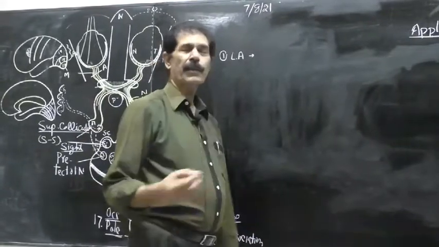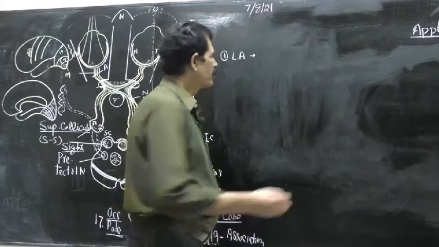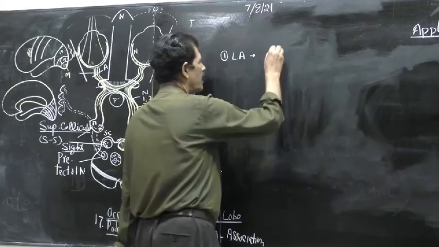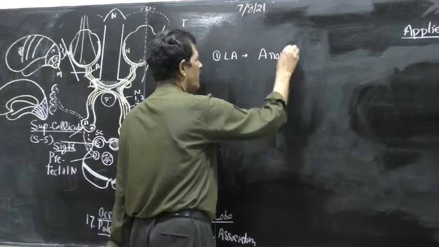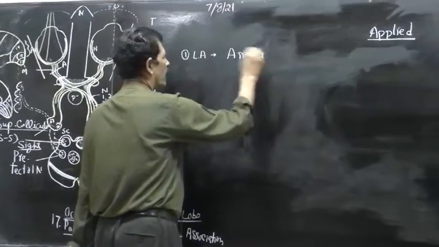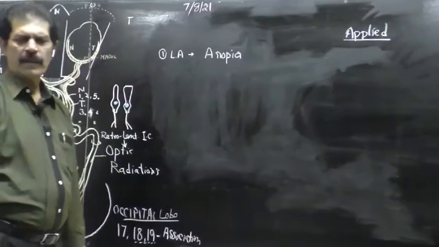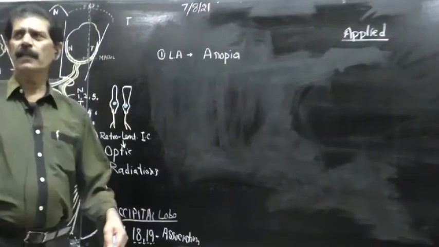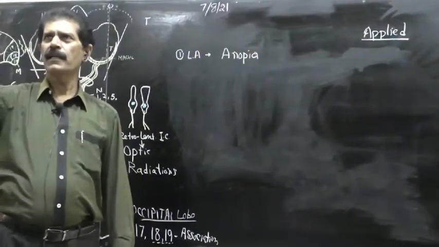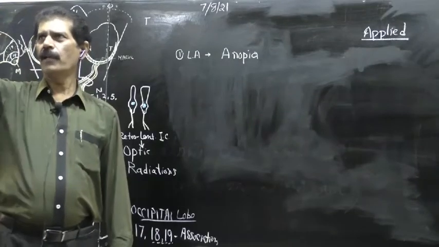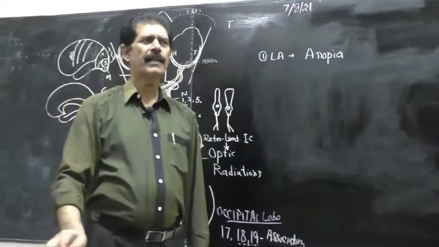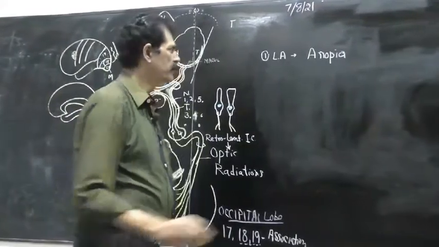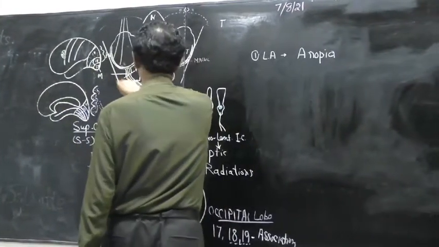So the patient becomes blind in one eye, and this is called anopia, blindness of one eye. The patient can't see from the temporal side and from the nasal side. So the field of vision of the one eye is lost, and the clinical condition is called anopia. This is level 1 if the injury occurs here.